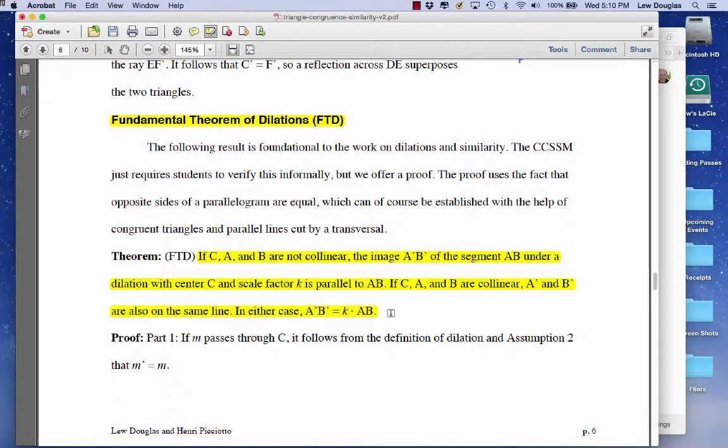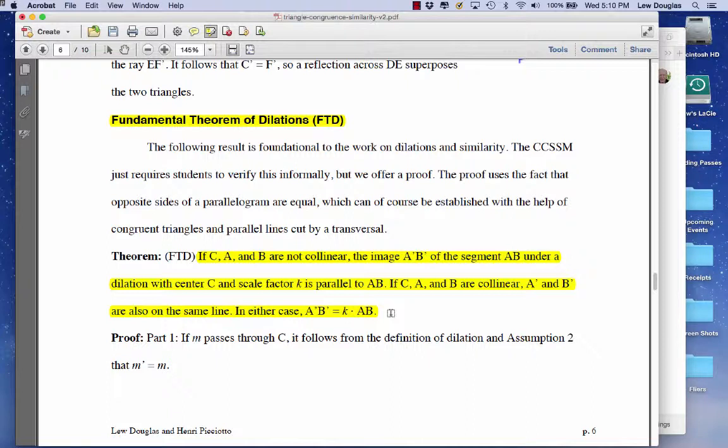So we know that a segment, one of whose endpoints is the center of dilation, gets stretched by the scale factor and lies on the same line. That we know by the definition of dilation. This extends it to segments for which neither endpoint is the center of dilation. And in that case, there are two cases.